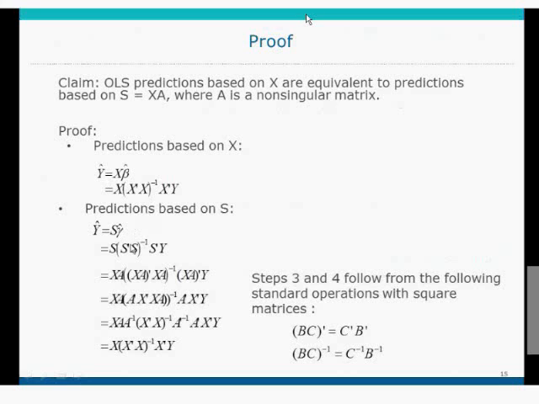To impose the assumption that the number of components is equal to the number of predictors, we use this: S is equal to XA, where A is a non-singular matrix. Since the predictions are the same, if we substitute XA for S, we get y hat equals X times A gamma hat. So A gamma hat are, in fact, equivalent to the regression coefficients from least squares regression.